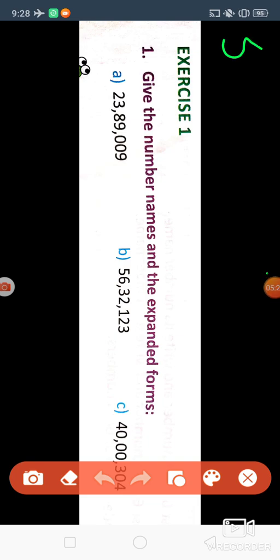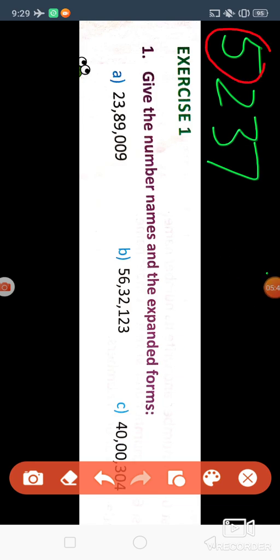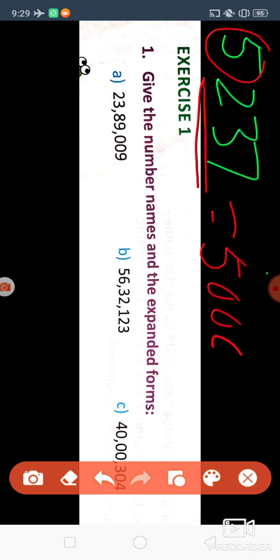Suppose 5237. This number we have to write in expanded form. Now look at this part. This 5. After 5, how many digits are there? 3 digits. So we'll write here 5, and after 5 3 digits, so we'll put 000. Then plus 2.